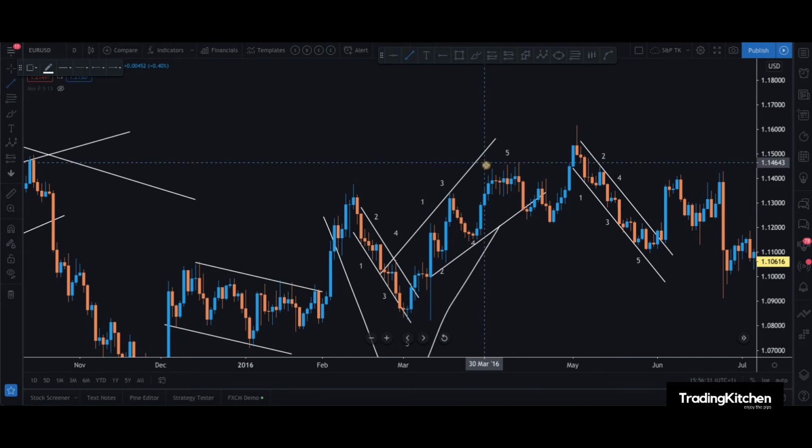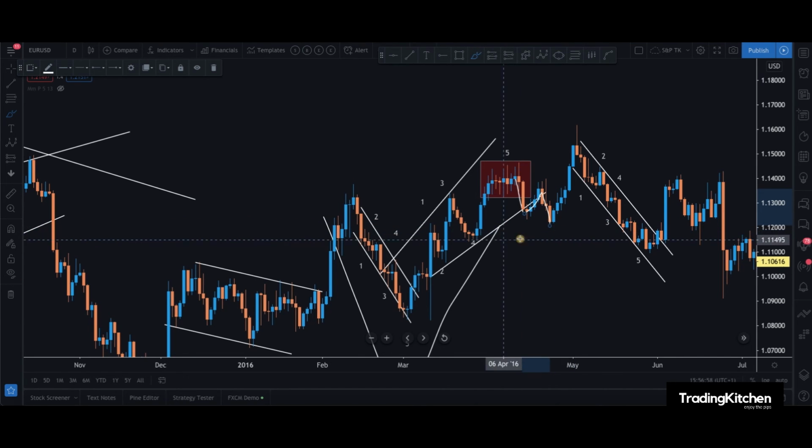This is a consolidation. Okay, then the market gives us a good signal, so it broke this structure zone. Okay, retested and went down again, and so here we see perfect.